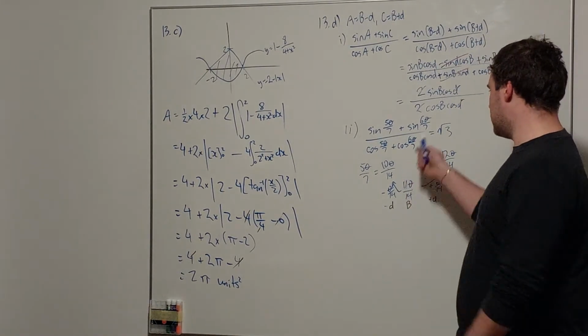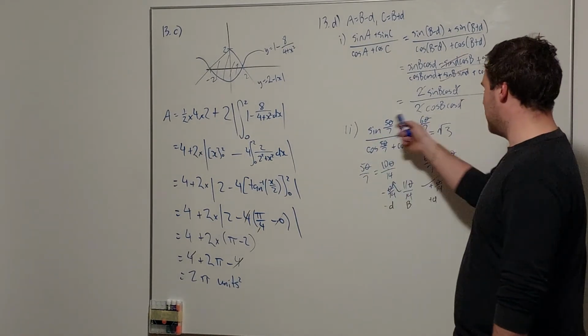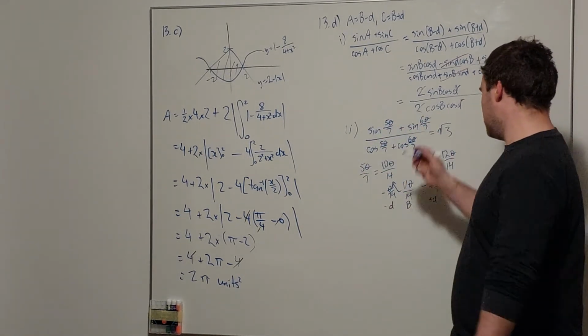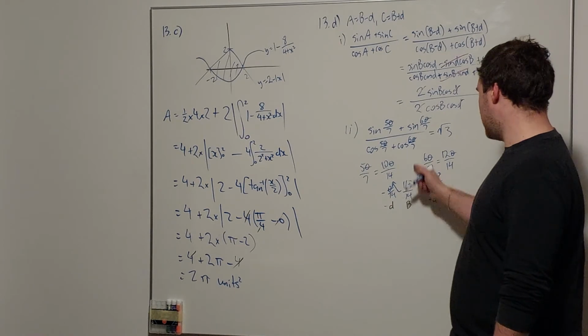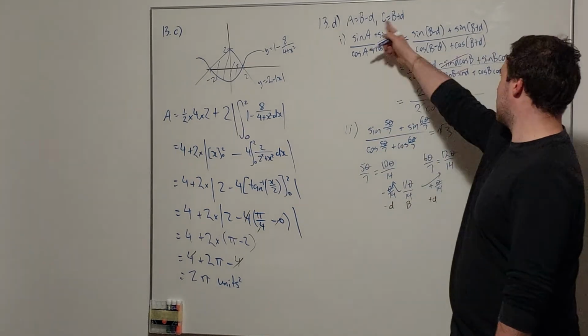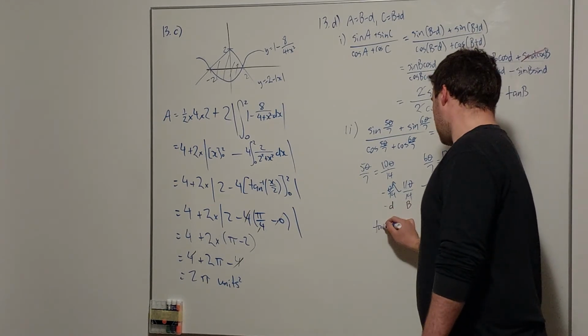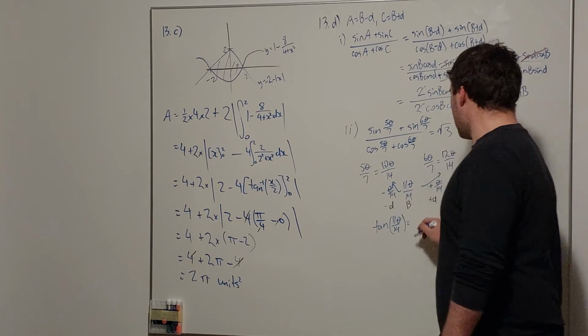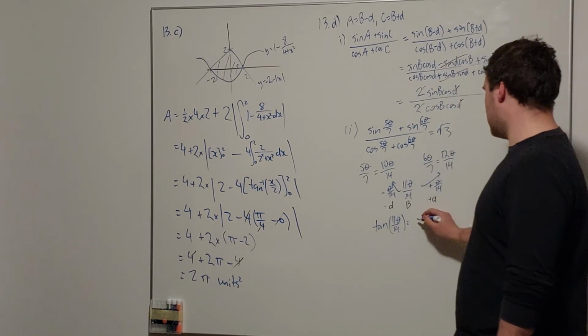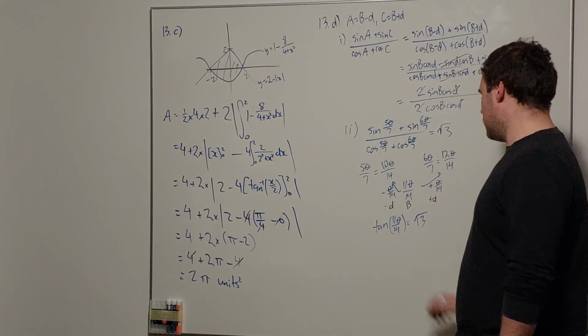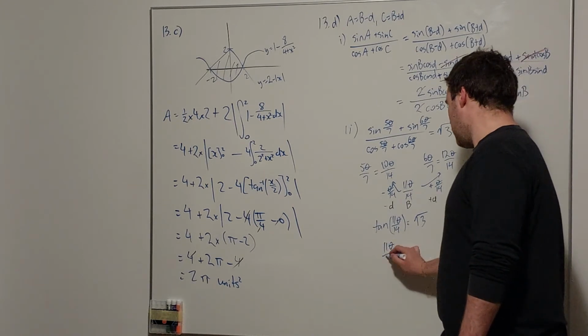So this whole convoluted, ugly looking thing we can just replace with tan B. So tan 11 theta on 14. When does that equal root 3?